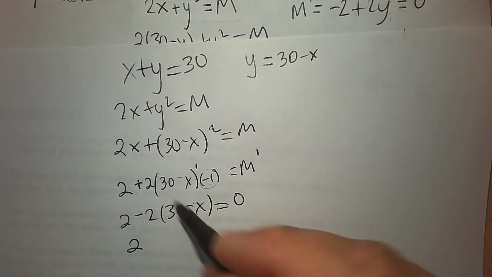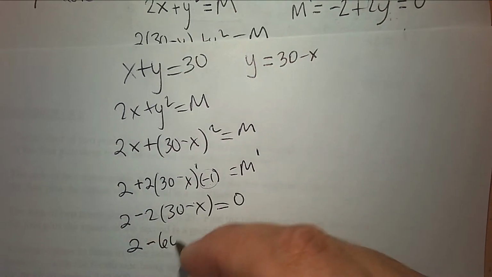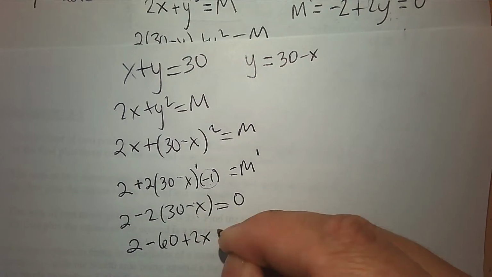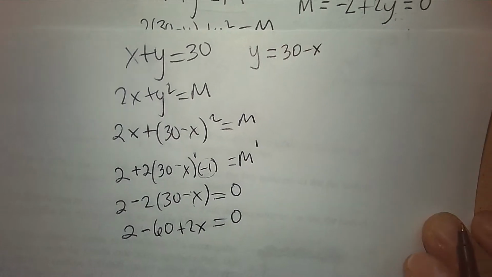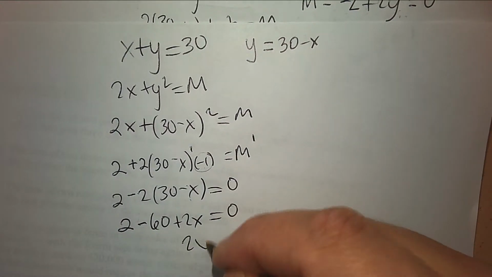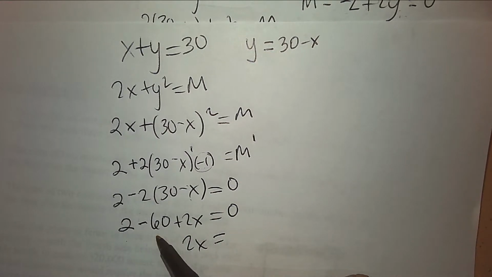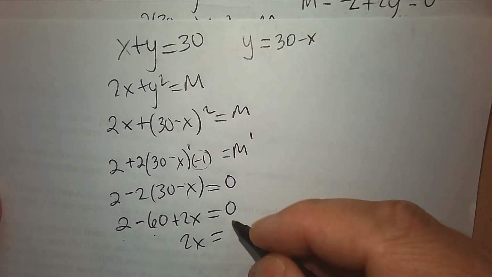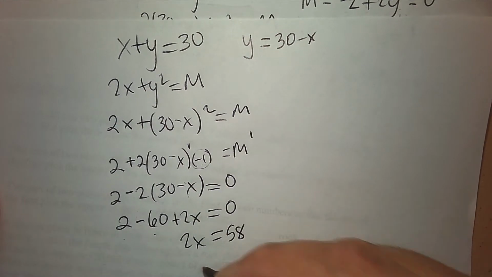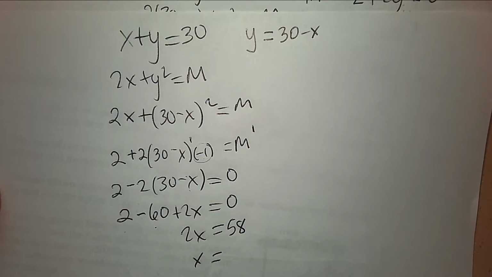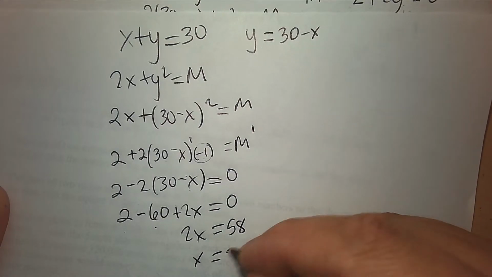Negative 2 times 30 is negative 60, and negative 2 times negative 1 is positive 2x. Keep solving it, please. Now it's just a simple linear. How would you get 2x by itself? 2 subtract 60 is negative 58, but if you add it to the other side, it's now positive 58, correct? Divide by 2 and you get what?